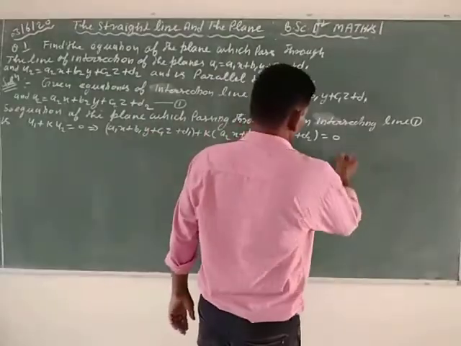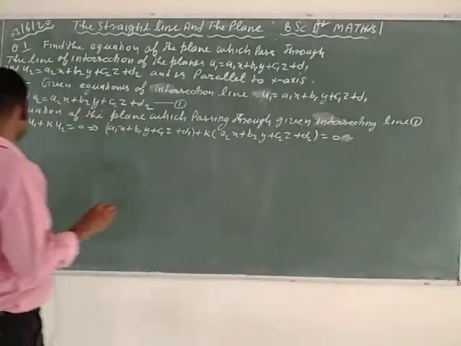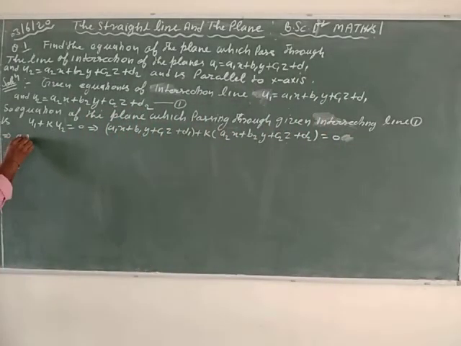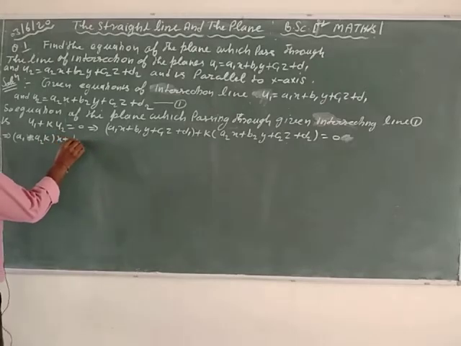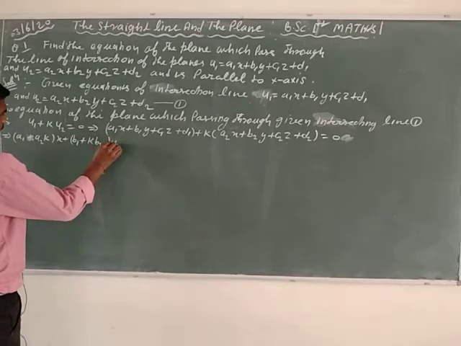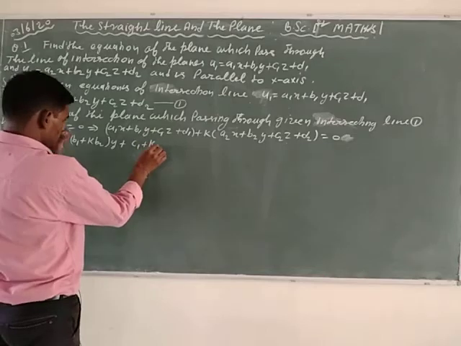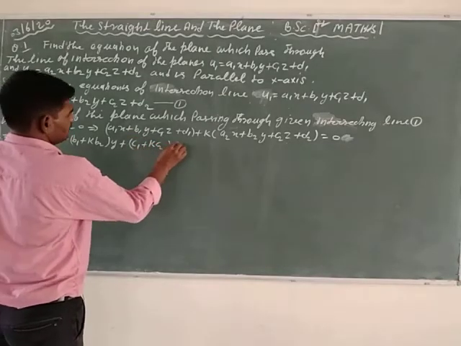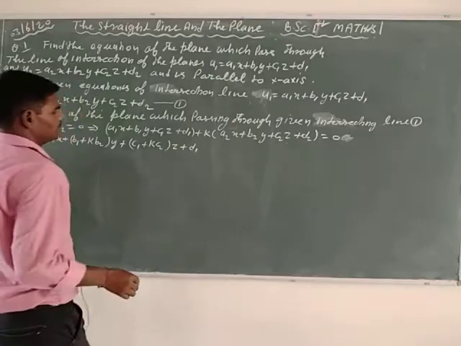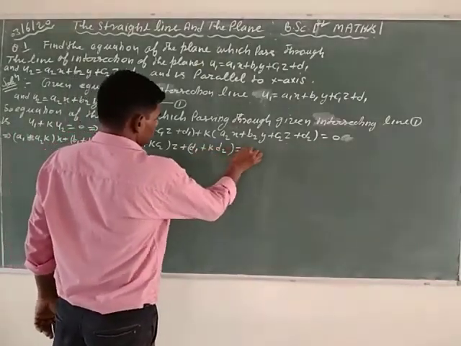After simplification it is written as (a1 + k a2)x + (b1 + k b2)y + (c1 + k c2)z + (d1 + k d2) = 0.